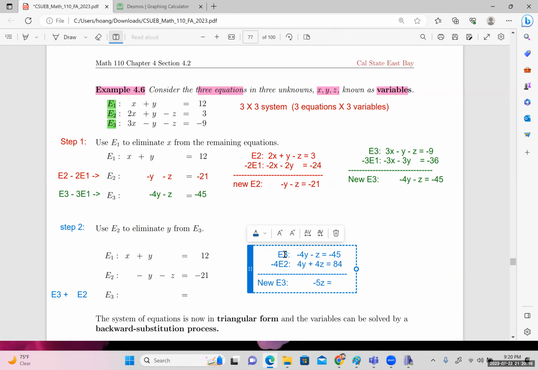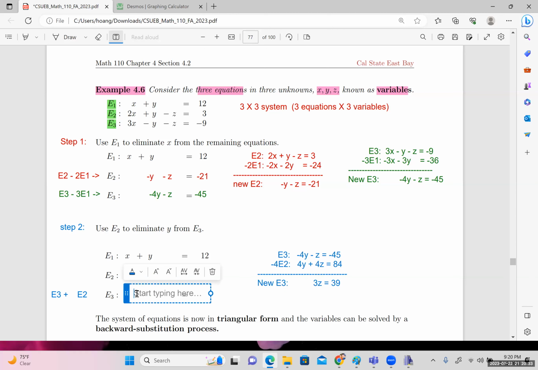Now you can add them up and you get 39. This one is going to be 3z. So you want to put this 3z over here, equal to that.